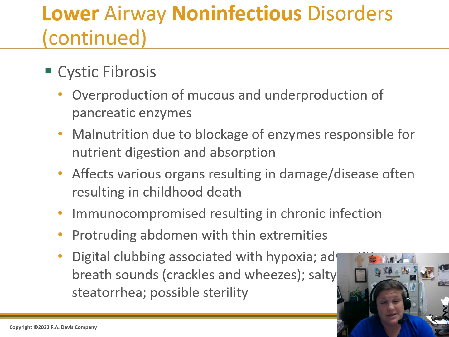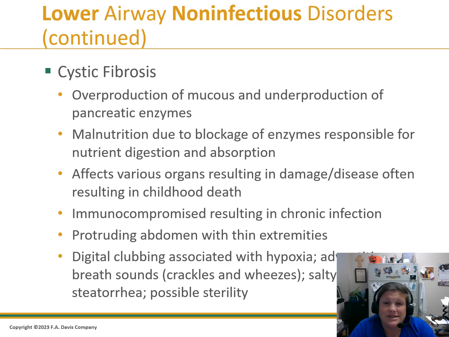The patient can also experience digital clubbing, which means finger clubbing. That's associated with hypoxia, or low oxygen in the tissues. Lung sounds like crackles and wheezes, but also could be rhonchi, and salty skin, steatorrhea, which is the fatty, bulky stools that will actually float in the toilet. And one of the concerns is that these patients could possibly be sterile or infertile later in life.